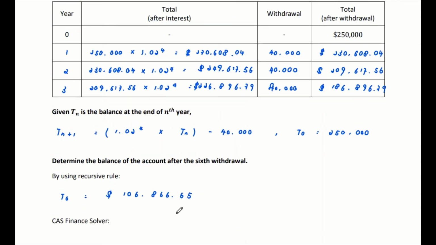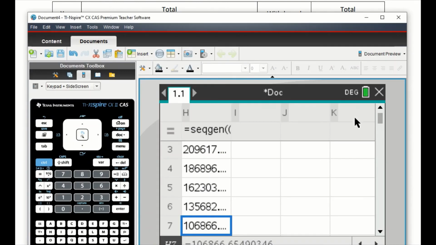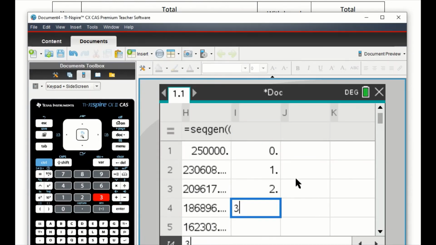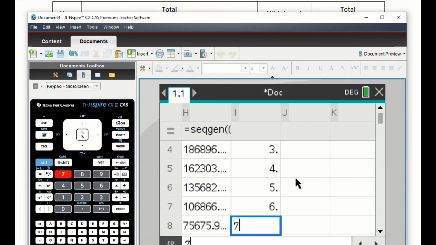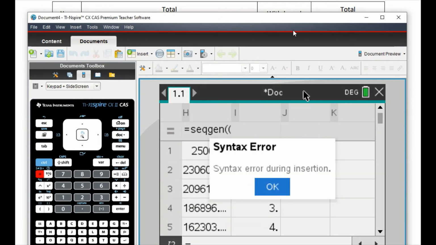If let's say you want to use the spreadsheet and key in, it's the same thing. So 0, 1, 2, 3, 4, 5, 6, 7. Starting from here, 250,000. Of course, in this case you don't have to put the 0, it's just the same thing. So how do you find the next value?